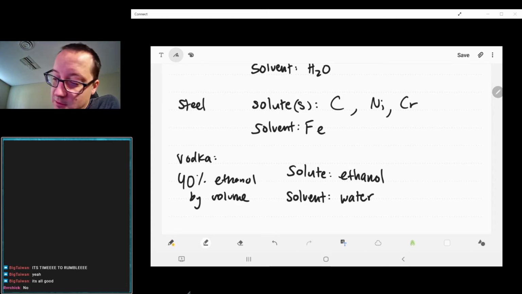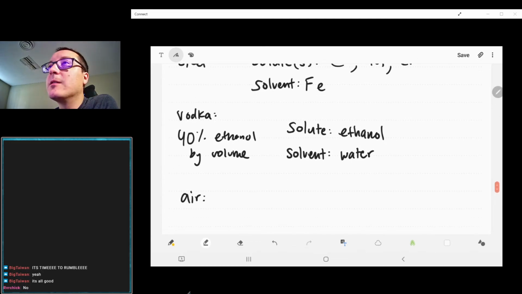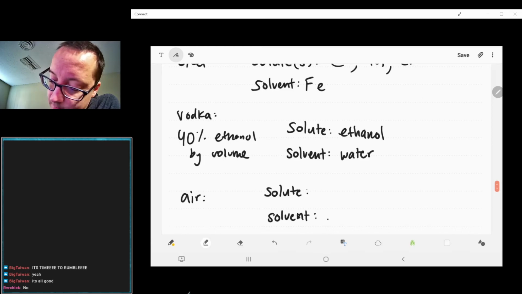Oh, let's do another one. We haven't done a gas solution yet. Remember that air is going to be 78% nitrogen. So nitrogen gas will be our solvent.